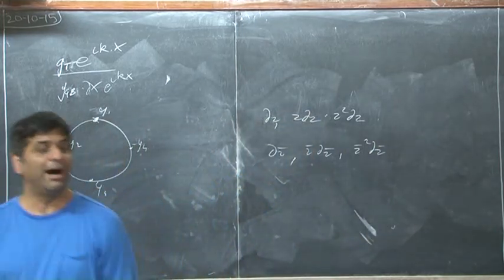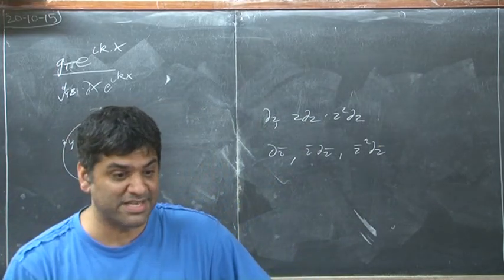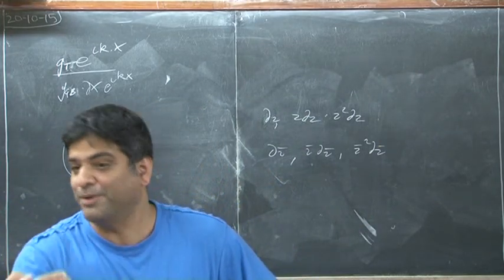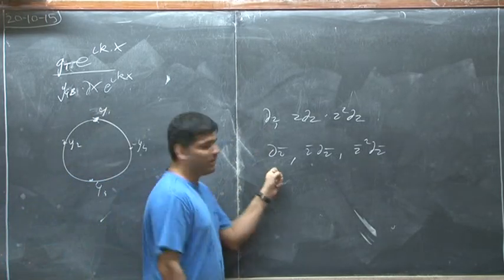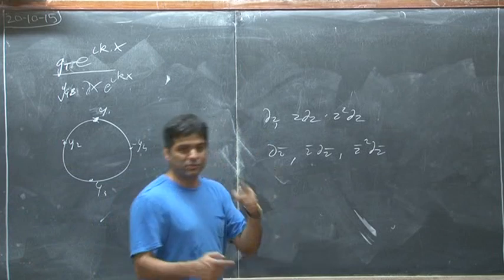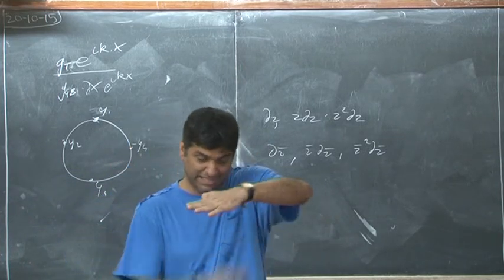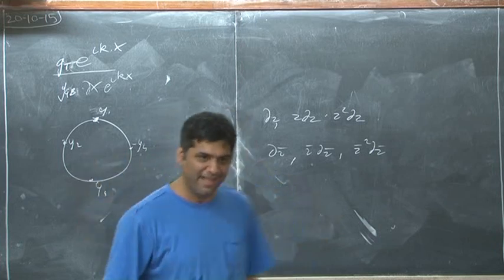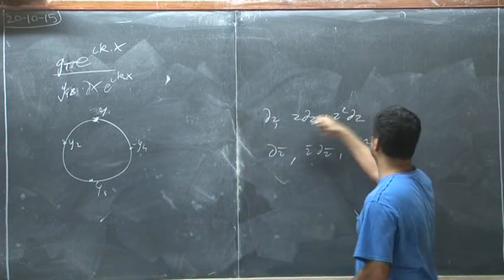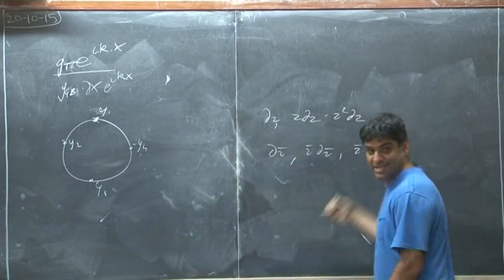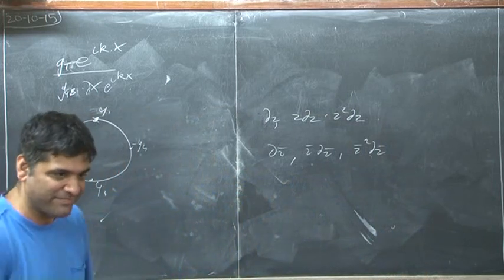Now, on the upper half plane, we are only interested in those coordinate transformations that preserve the boundary. Okay? So, we are interested in those coordinate transformations that do not change the x-axis. So suppose we've got some linear combinations of this and linear combinations of this, and you want the x-axis not to be changed.